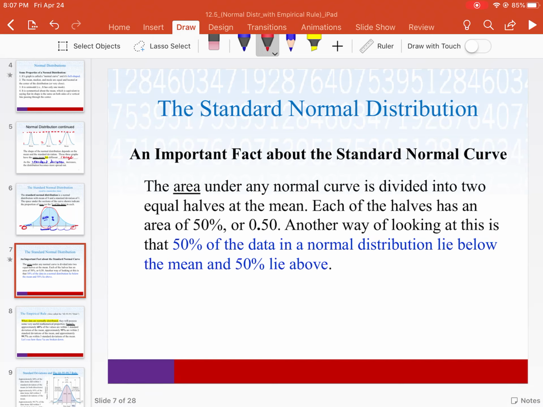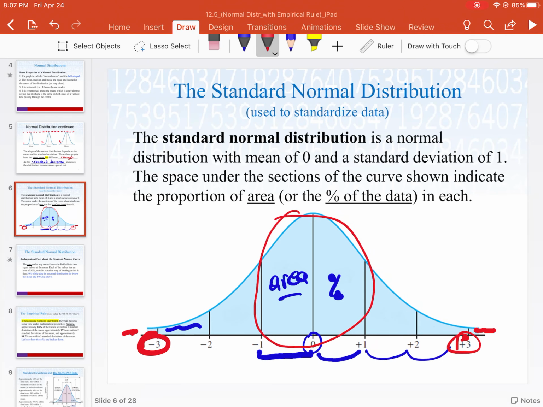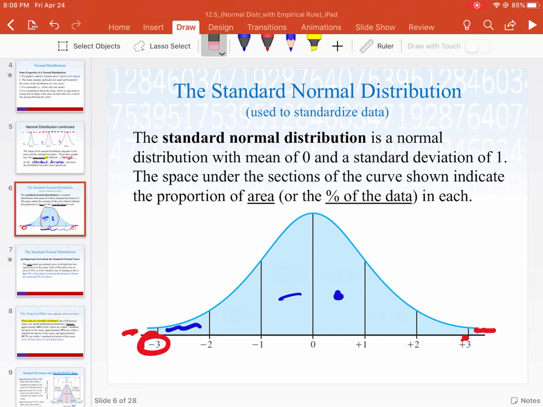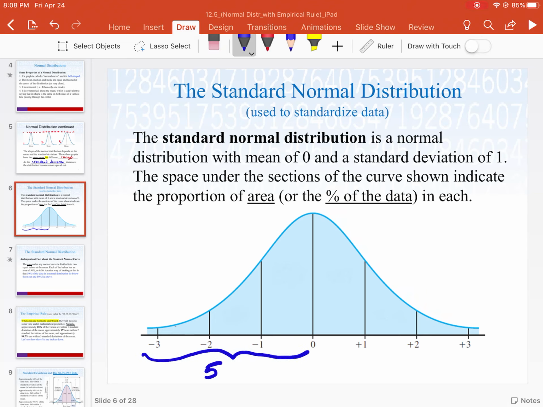So in a normal distribution, the bottom half contains 50% of the data, and the upper half contains 50%. We normally don't go past 3 standard deviations because there's just almost nothing up here and almost nothing down here.